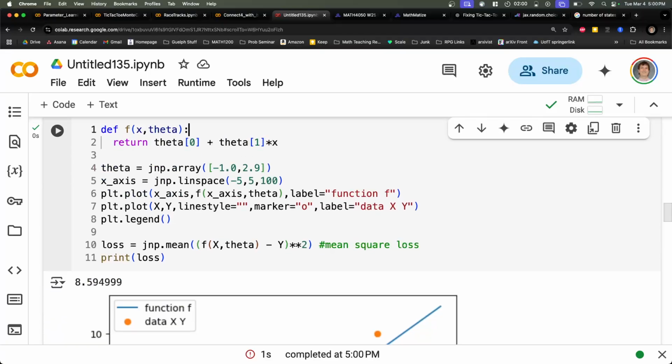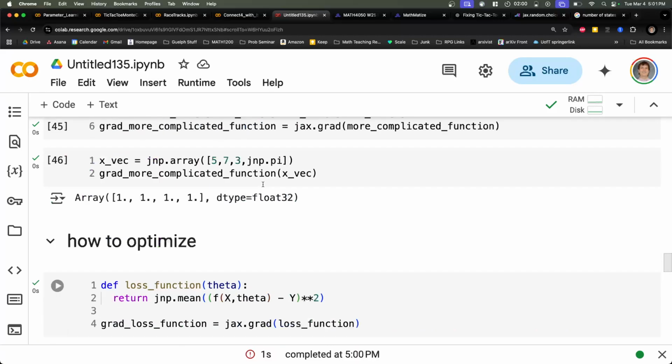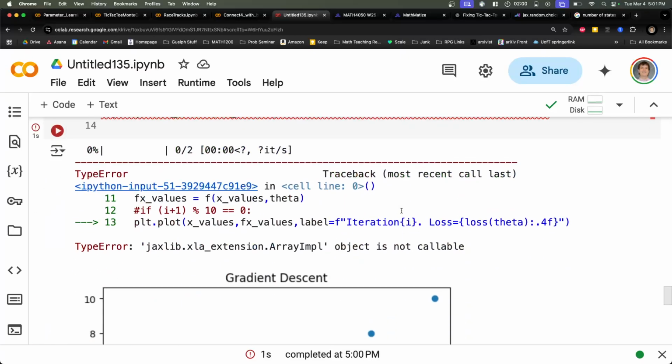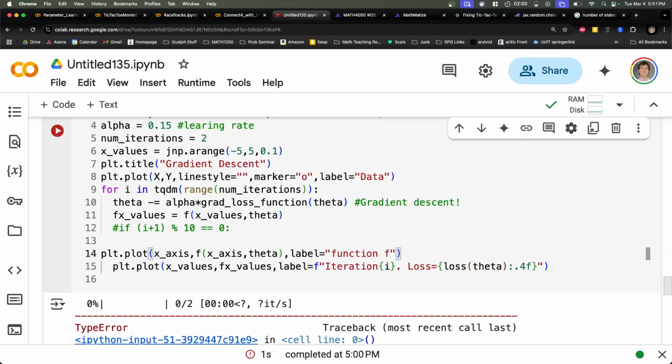Okay. Why? What does it not like? Okay, what were we plotting before? Let's just copy paste that. Plot x-axis theta. This was working fine. So let's try that. Plot. I'm missing a bracket. That's okay.